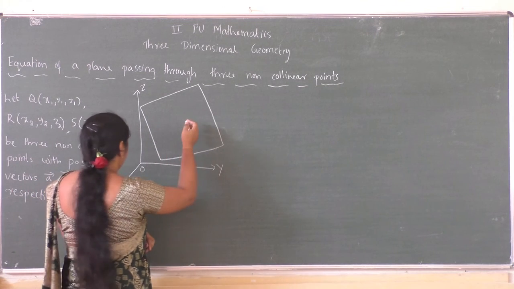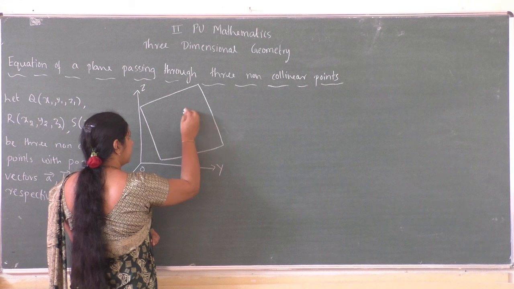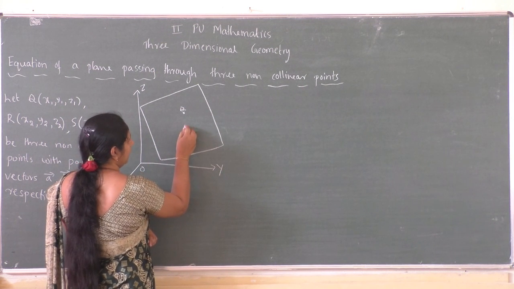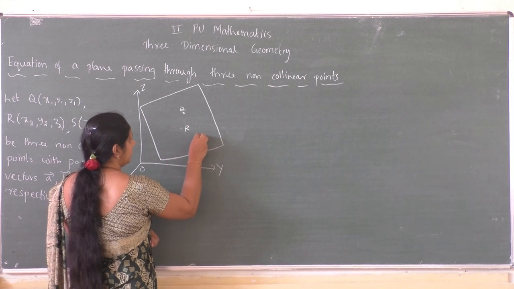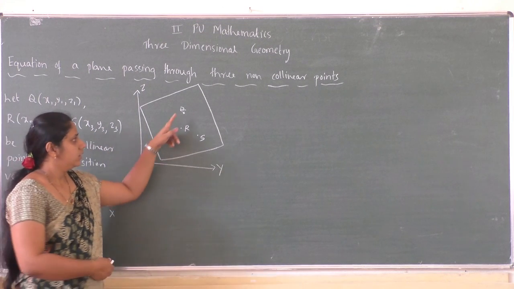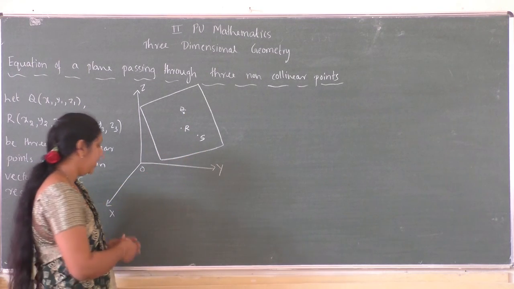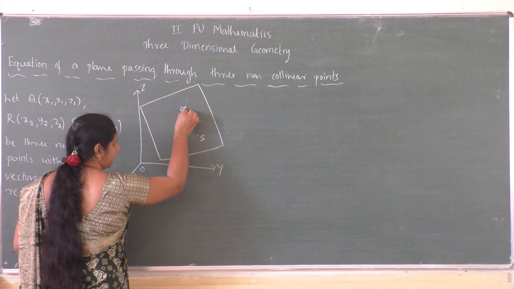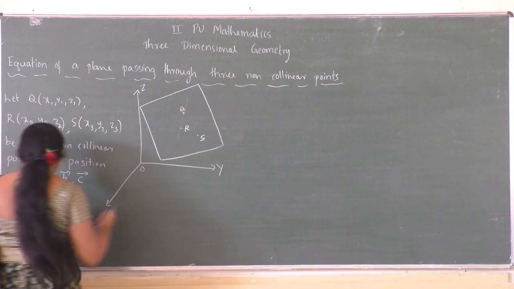So suppose this is the point Q, and I will take this as R and somewhere here S. See, if I join, can I join these 3 points in the same line? No, right? If I draw one line, you can join Q and R, but you cannot join Q, R and S together.